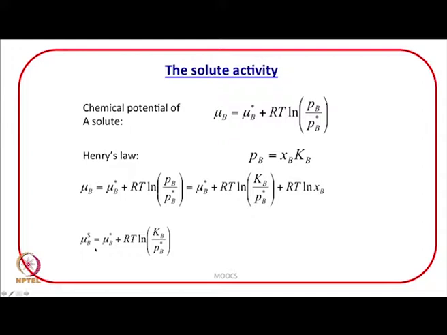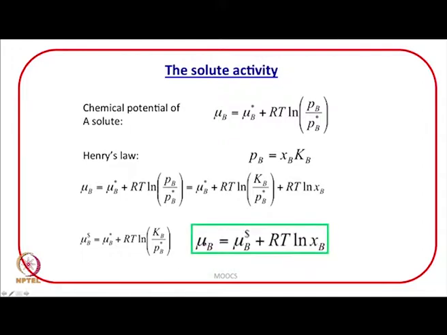The resulting equation will be mu B is equal to mu B dollar plus RT log XB. Here I have defined the chemical potential of solute in terms of its mole fraction.